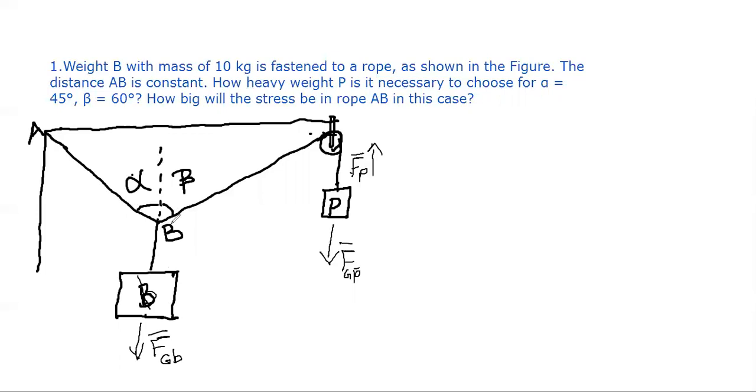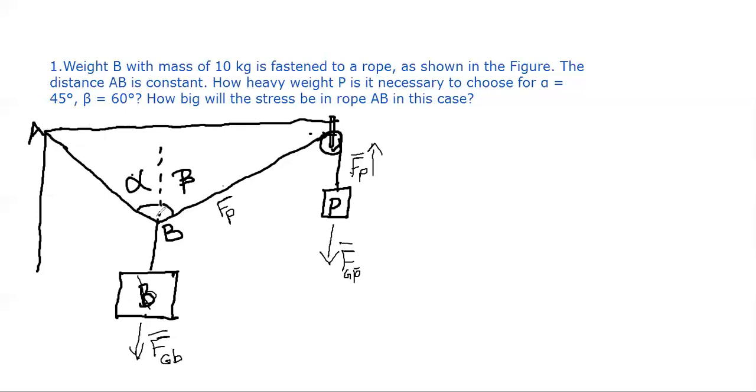Now we have forces upwards, which are keeping the weight in stable condition. So there are two forces here. One is the force P. Here we have a condition given: the distance AB is constant.